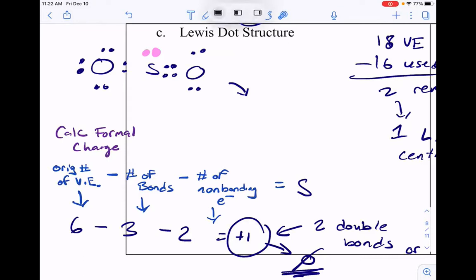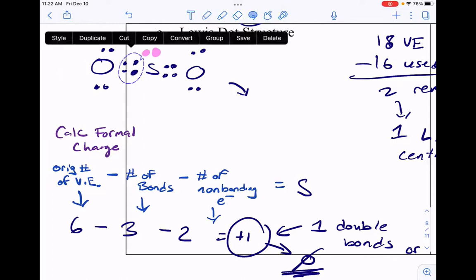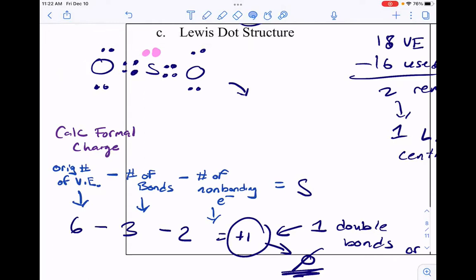Okay. And so if we have a value of +1, that means we still need 1 more double bond. And so we're going to go ahead and repeat the same thing. I'm going to take this and place it in between sulfur and oxygen. And since I moved this lone pair in between sulfur and oxygen, we need to recalculate the formal charge for sulfur.